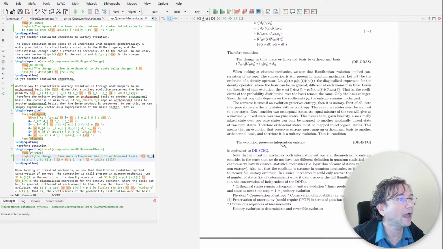And now we had the information theory one, and so when looking at classical mechanics, we saw that Hamiltonian mechanics implied conservation of entropy. The connection is still present in quantum mechanics. Let psi of t be the evolution of a density operator. Let psi of t the diagonalized expression for the density operator, where the bases can be in general different at each moment in time, given the linearity of time evolution.